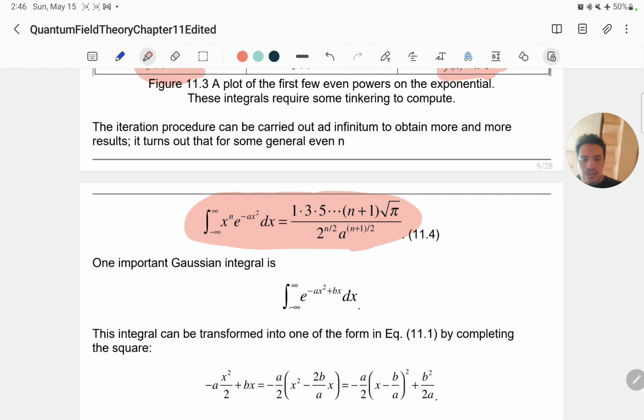Another very important Gaussian integral is of this form. As you can see, you have a linear term with respect to x here, and that's bx. So what you can do is to complete the square.